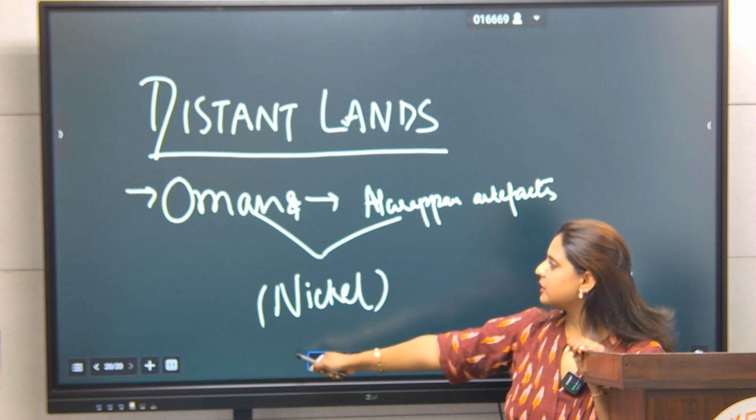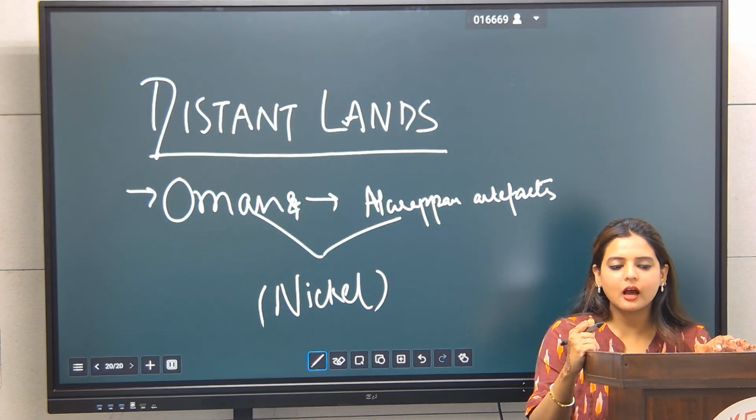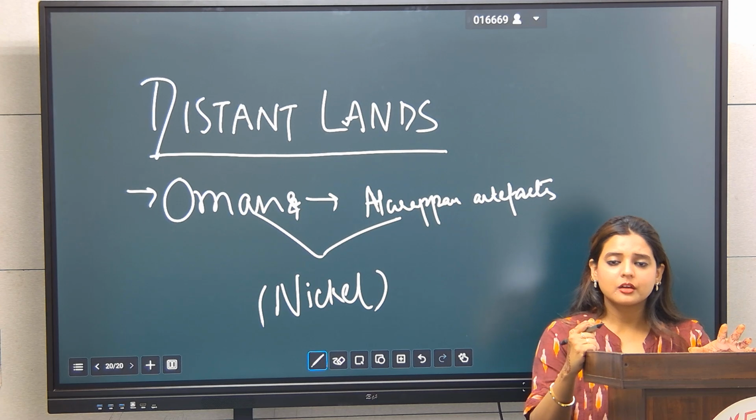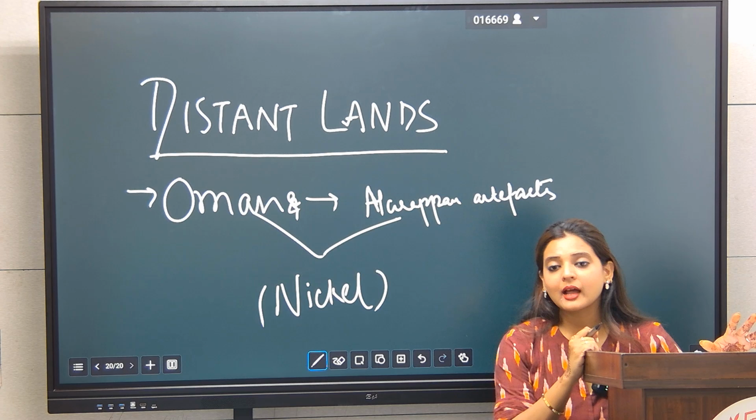They both have nickel in common, and a distinctive type of vessel, a large Harappan jar with a thick layer of black clay, has also been found at Omani sites.